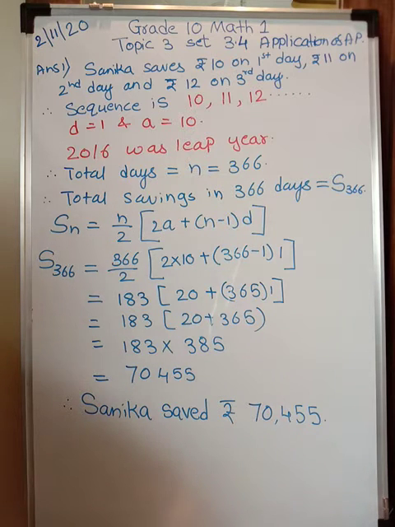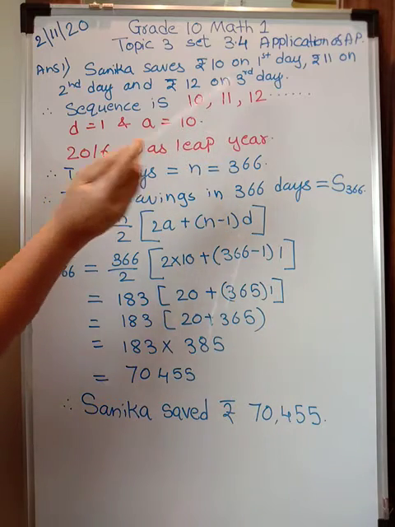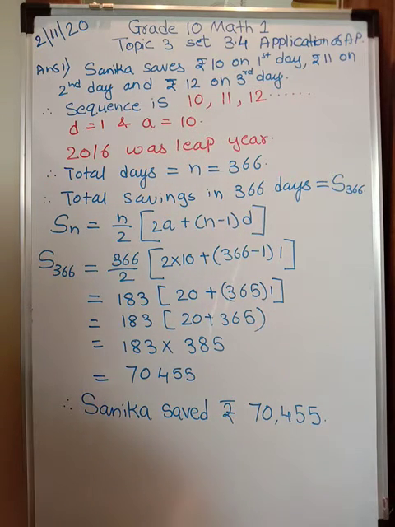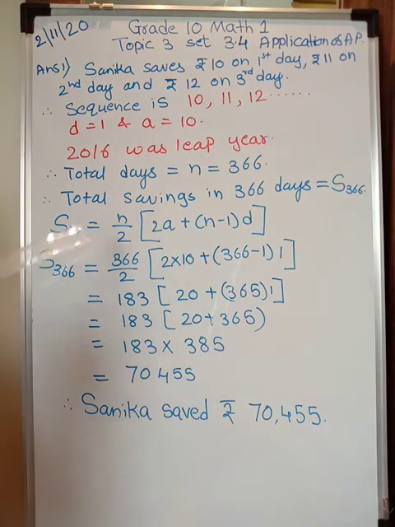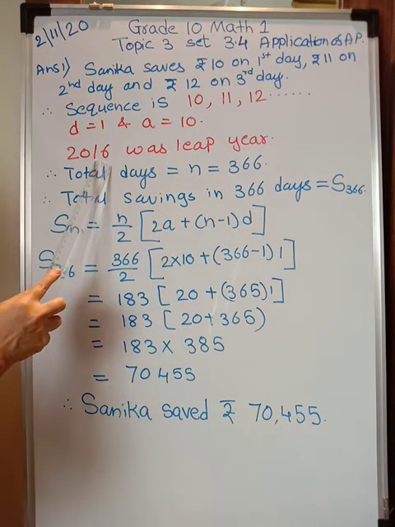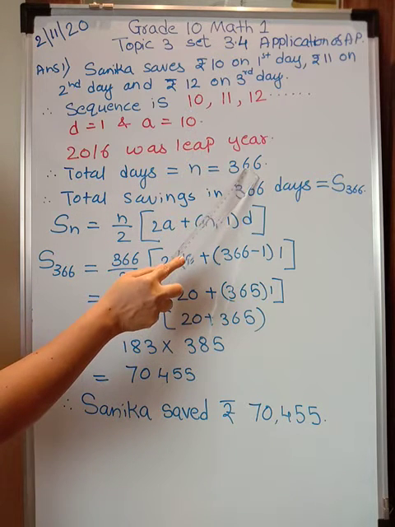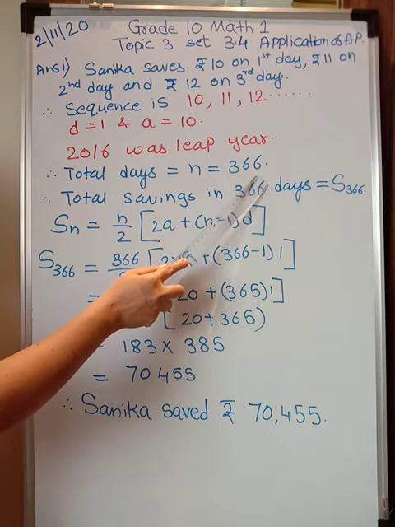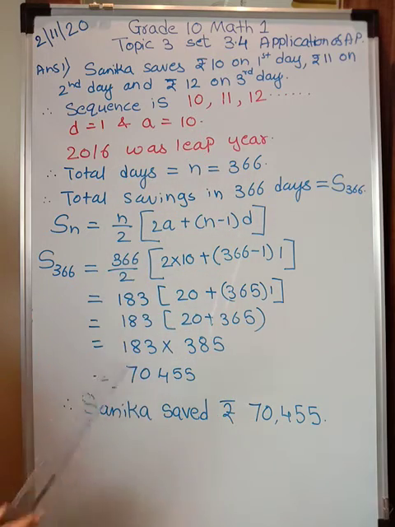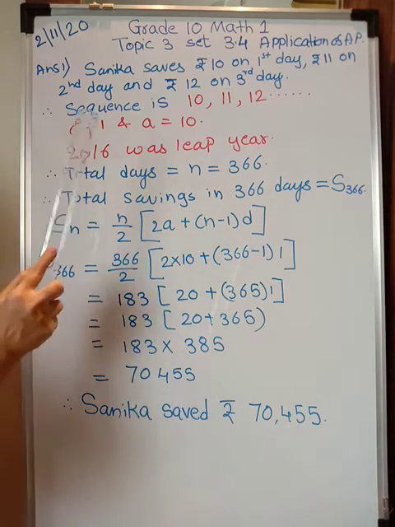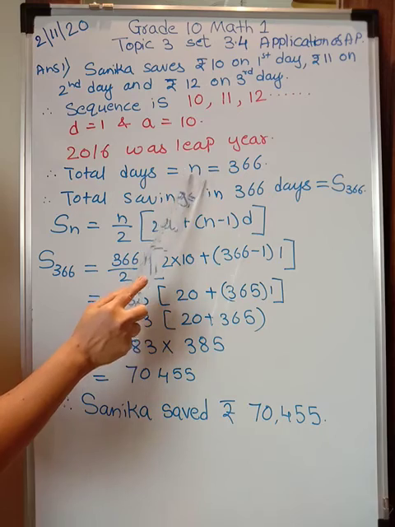So if she decides to save money every day with 1 rupee increasing each day starting from 10 rupees, what would be her total saving? That means total days in 2016. Now see, 2016 is a leap year. So the total number of days will be 366. If it is not a leap year, it would have been 365. Now here it is a leap year, so total number of days, which is n.